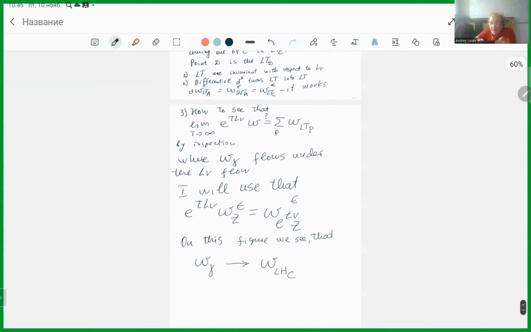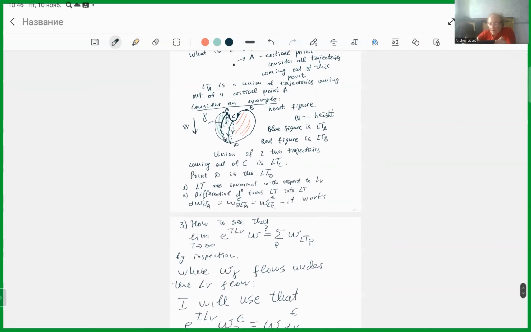I have a feeling that there should be a different sign in the previous formula. Am I wrong? Flow is flow. Yeah, but I mean, we can either first integrate with omega and then act with the flow, or act with the inverse flow and then integrate with omega. Isn't it like this?